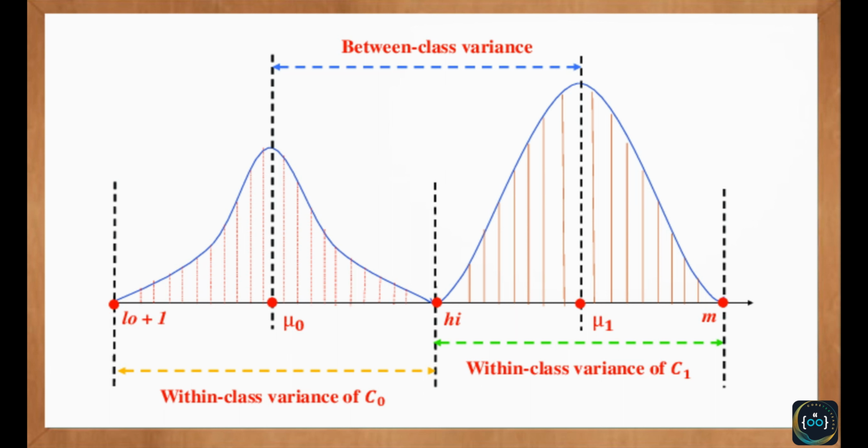So if they are well centered around the mean, the variance will be small, which means that particular threshold is good. But for the between class variance, the wider the variance, that is the more distance they have from the threshold, the better. That is why the within class variance has to be very small, but the between class variance has to be big.